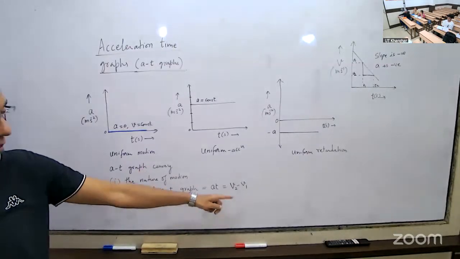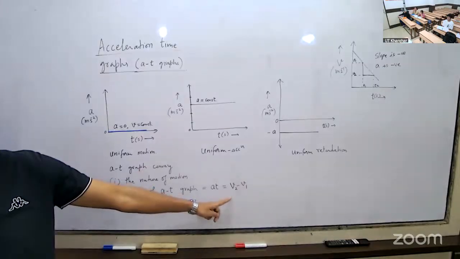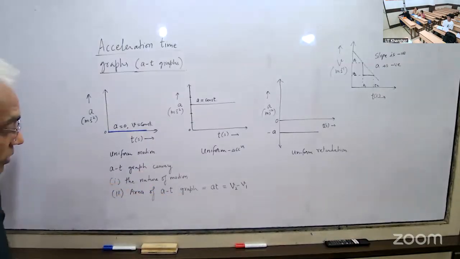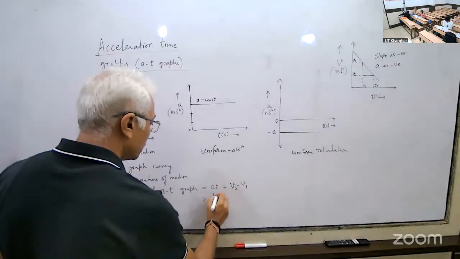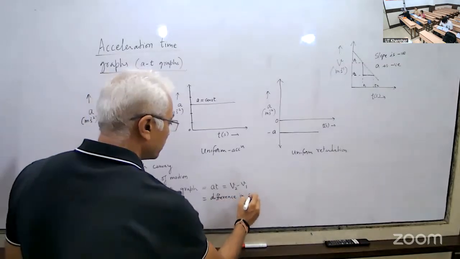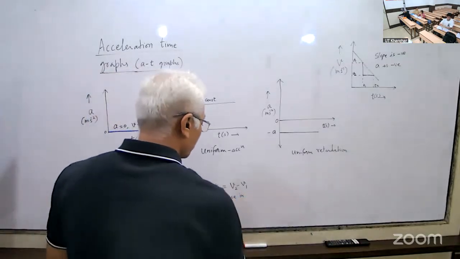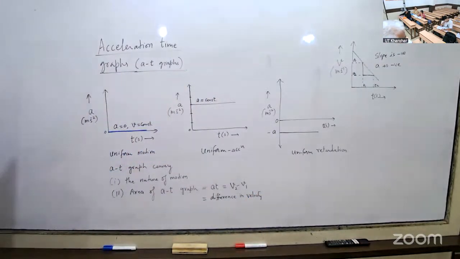The area of the AT graph gives the difference in speed in the chosen interval. So the area of the AT graph gives the difference in velocity.